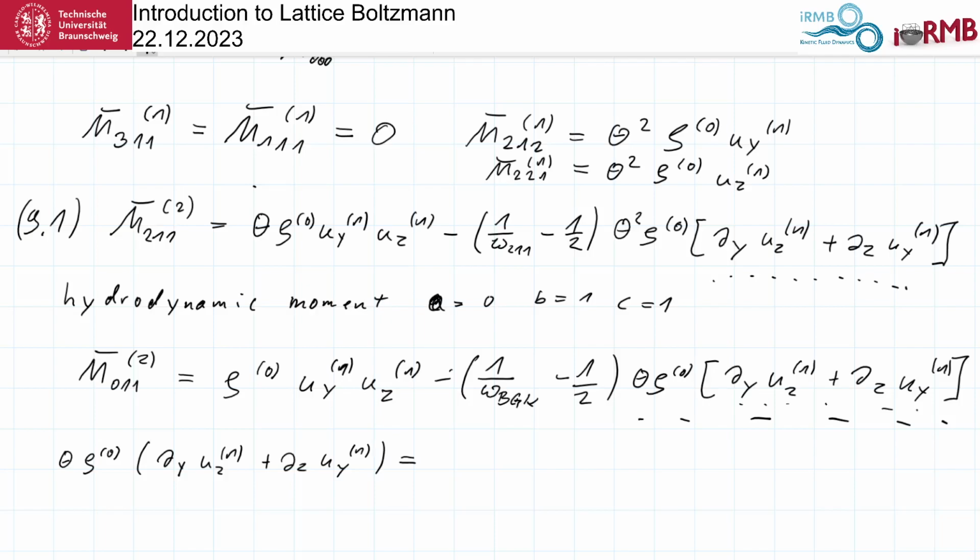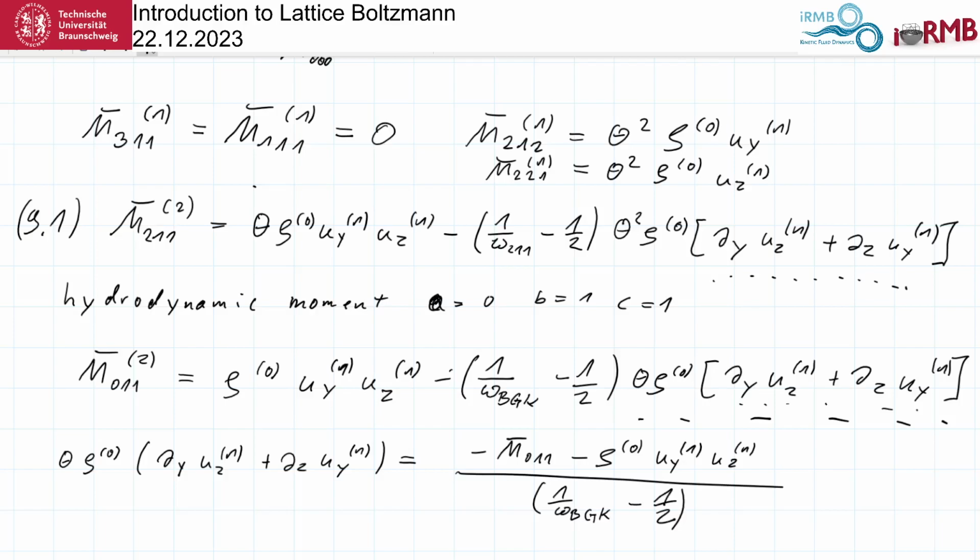Now we put everything else on the other side and we'll get to a minus M, so this hydrodynamic moment minus its equilibrium, uy first order, uz first order, and now we divide this by the relaxation.